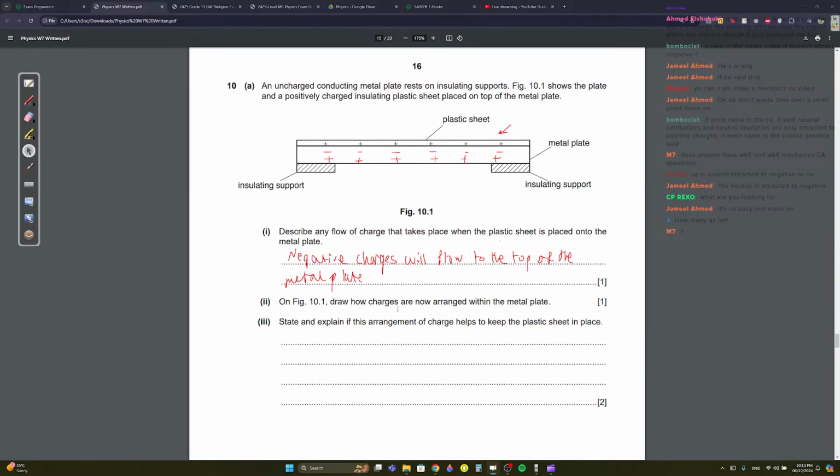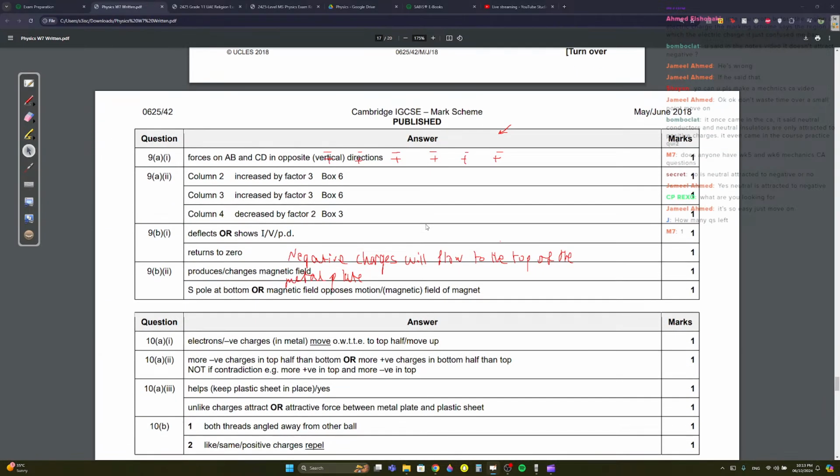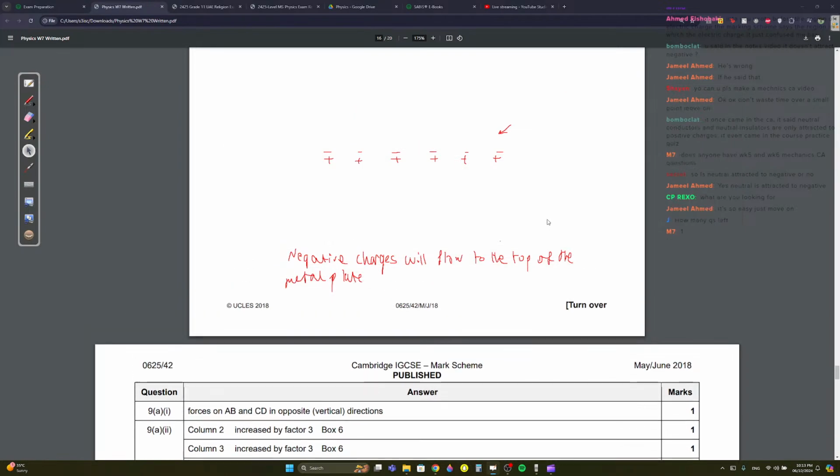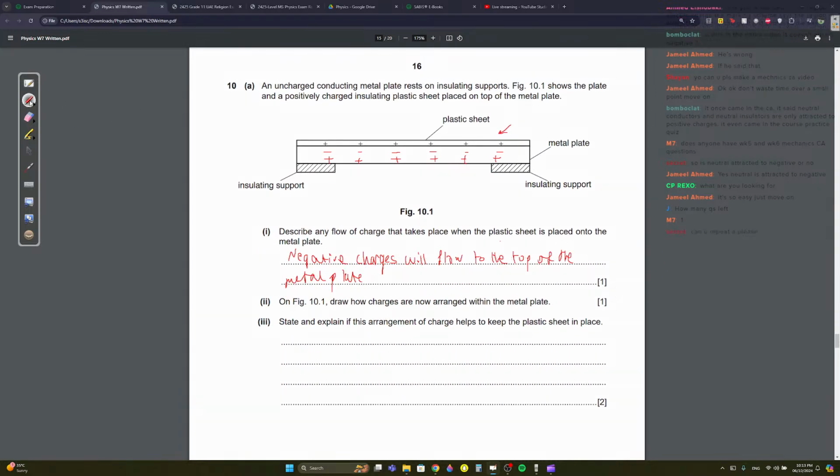State and explain if this arrangement of charge helps to keep the plastic sheet in place. It will keep the plastic plate in place because it attracts, right? Yes, of course. I'm just checking the marking scheme, guys, in case I give you a wrong answer. So state and then explain. 1 mark for each. Does it help to keep the plastic sheet in place?